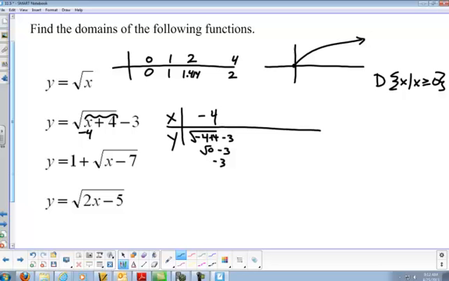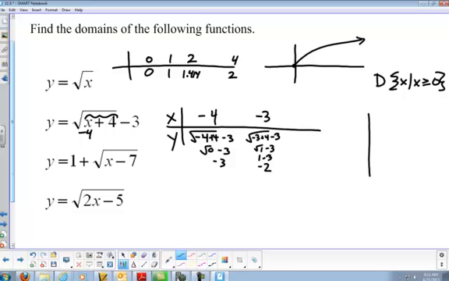Negative 5 would make that square root a negative, and right now that is still an imaginary number that we don't know about yet, so we're not going to worry about that just yet. So if you put in negative 3, you would get a number. So negative 3 plus 4 is 1, and the square root of 1 minus 3 is negative 2.